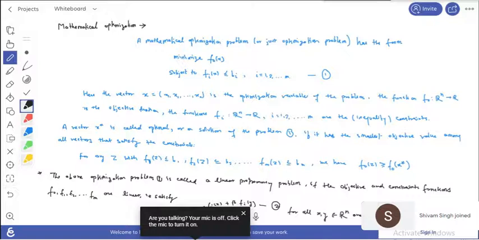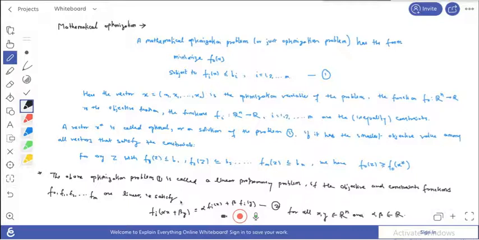Okay, so if the optimization problem is not linear, that is, these functions are not linear, then we call this a non-linear programming problem.